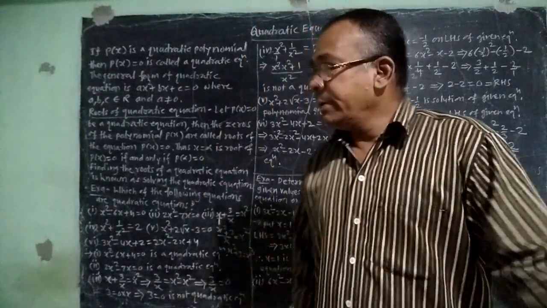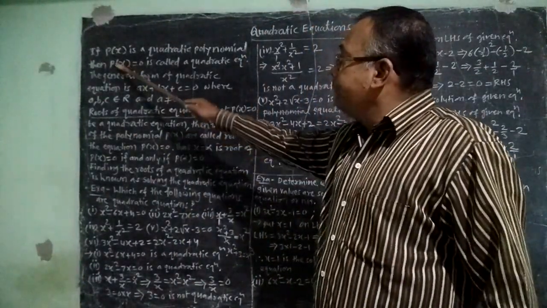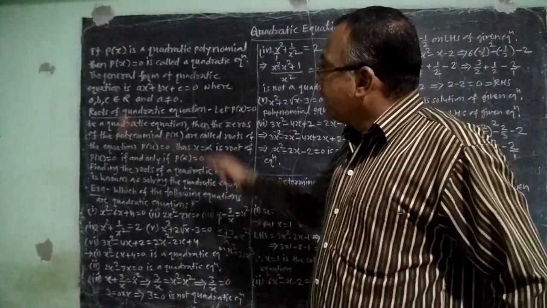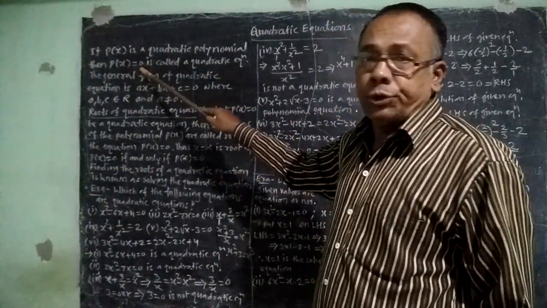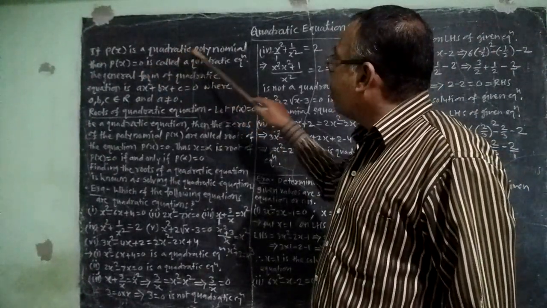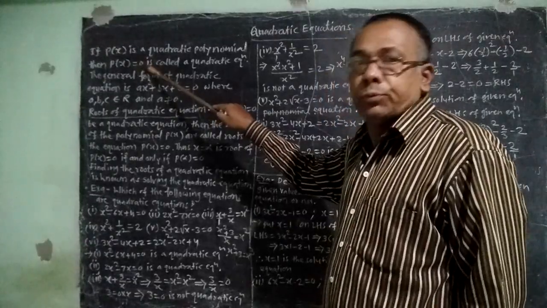So here, if p(x) is a quadratic polynomial, then p(x) is equal to 0, meaning the value of the quadratic polynomial should be 0.